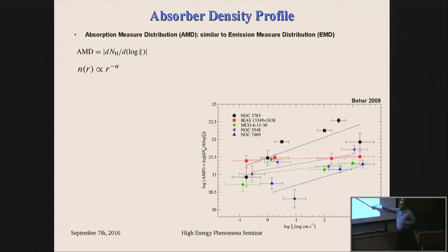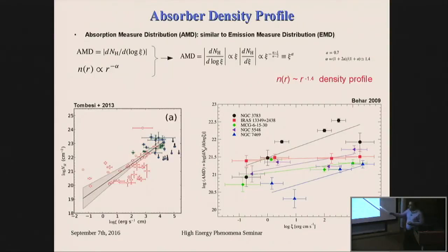Assuming a power law for the density profile, using AMD we can determine this power law index, and from here you see the result for 5 AGN. Using this correlation, Behar obtained this index alpha in the range from 1 to 1.3.